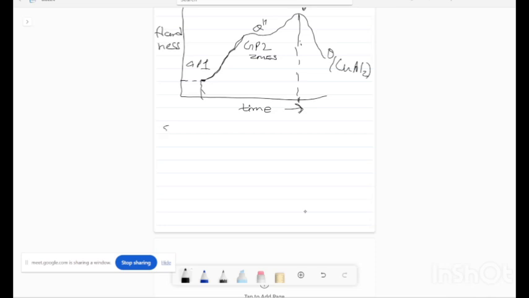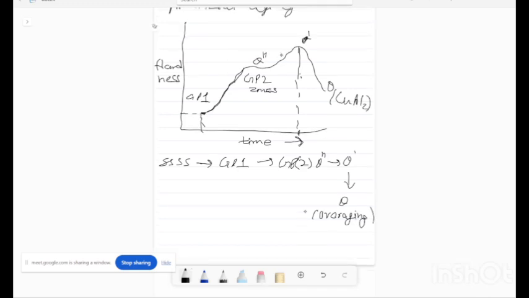First is the supersaturated solid solution that will age to form the GP1 zone, then GP2 or theta double prime, that is followed by theta prime, and then theta at the overaging. After the peak hardness, the aging process is called overaging because it leads to the coarsening of the precipitate.